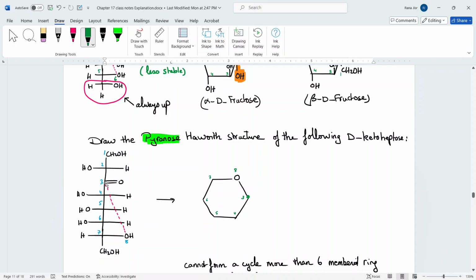Carbon number 3 is going to be the anomeric carbon, so I'm going to skip that for a moment. Now on 3, I have this whole group in there. Let's go ahead and put the substituents. On the side, everything here is going to be pointed up, and everything here is going to be pointed down. These are going to be my chiral centers, 4, 5, and 6.